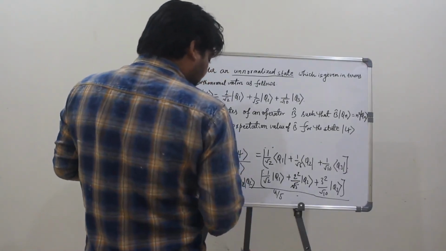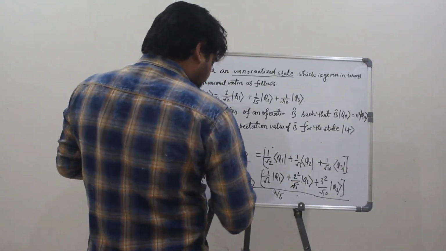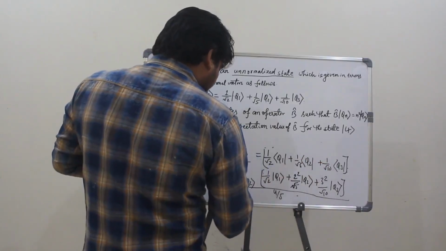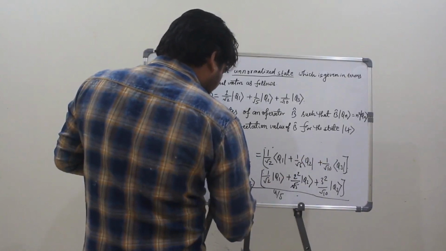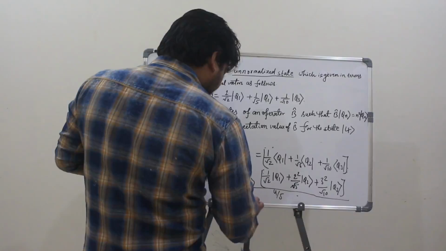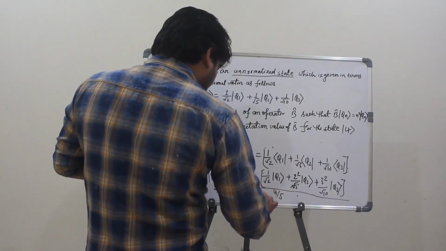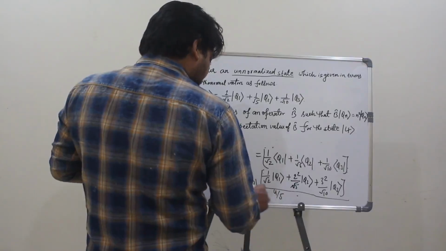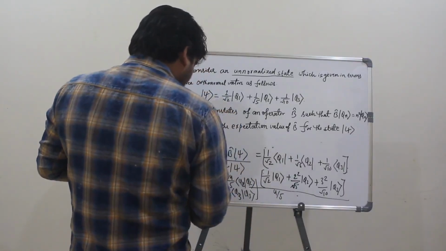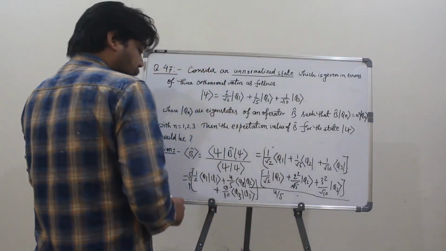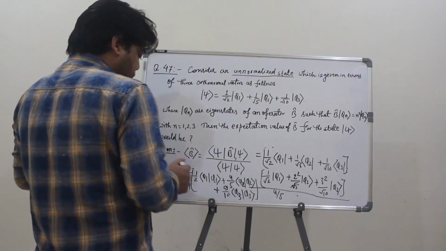Plus giving you another term which is 9 by 10 phi 3 phi 3. And the whole divided by 4 by 5, which gives you 5 by 4. Right? Now just try to simplify it.